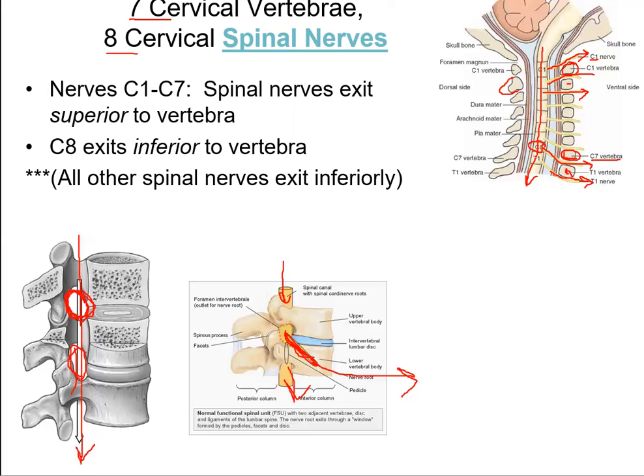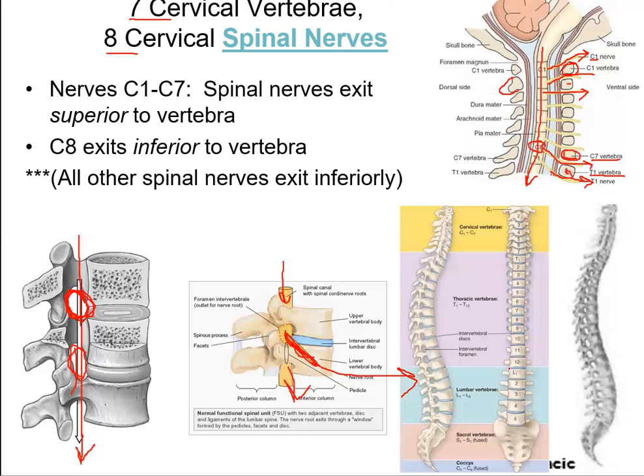Okay, so here we see nerve T1 is just inferior to vertebra T1. Okay, just for example here, this is vertebra T8. Nerve T8 would exit underneath. Okay, here, all right, this would be nerve T12. This would be nerve L1.